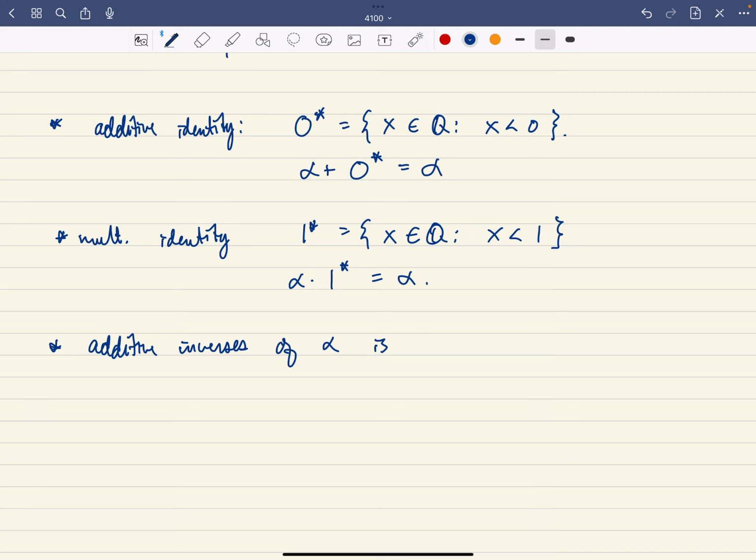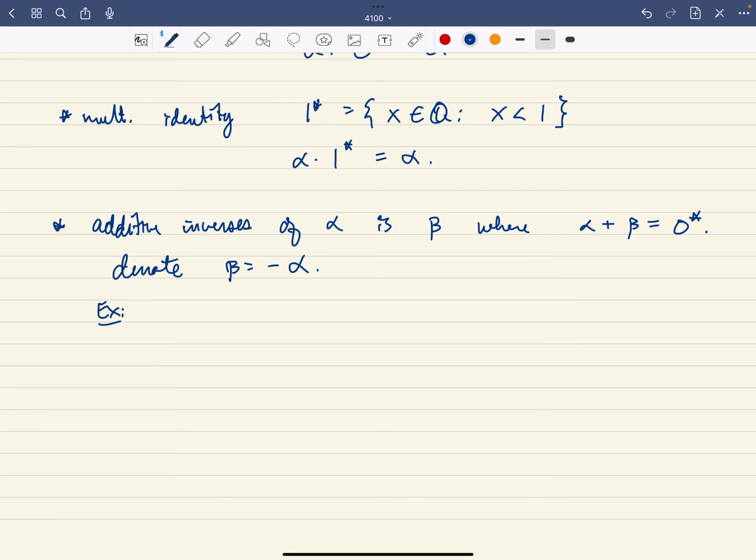The additive inverse is going to be the cut beta, where alpha plus beta gives you the 0 identity, gives you the 0 element. And then we denote beta by minus alpha.